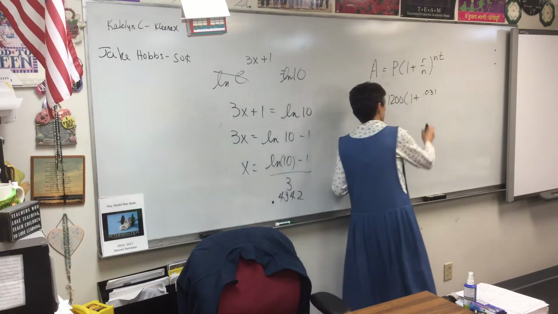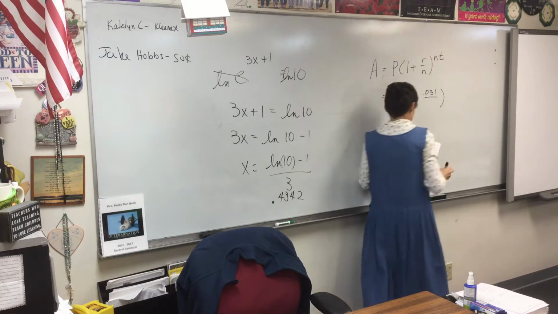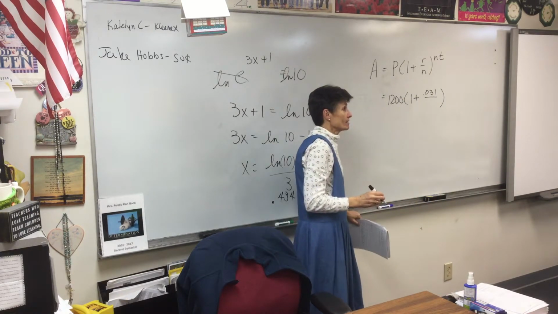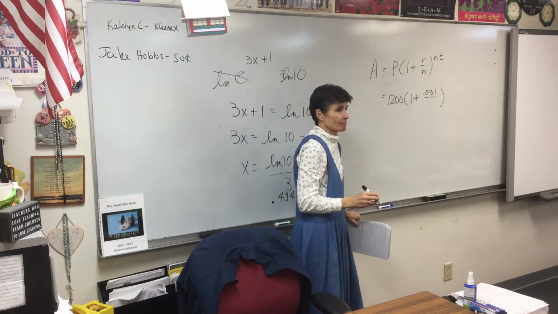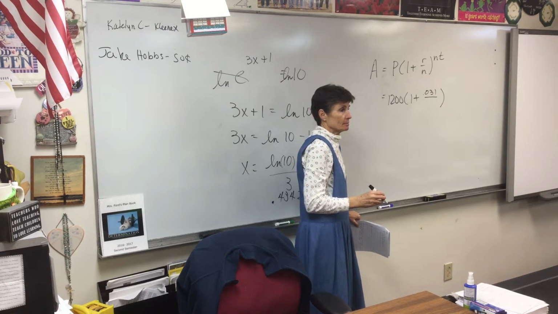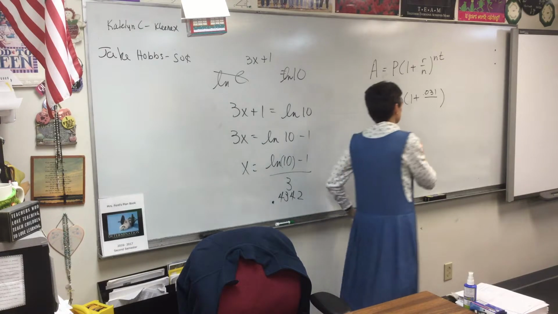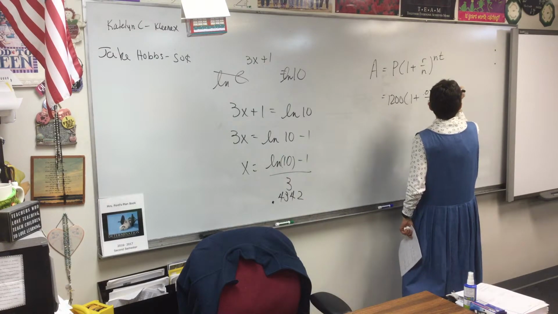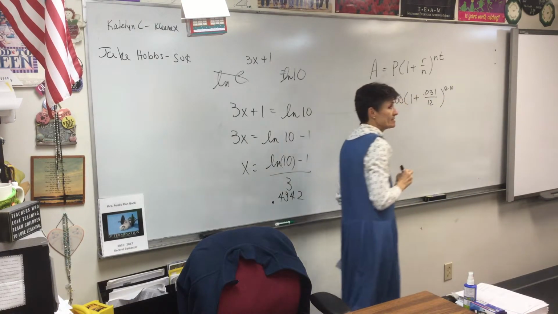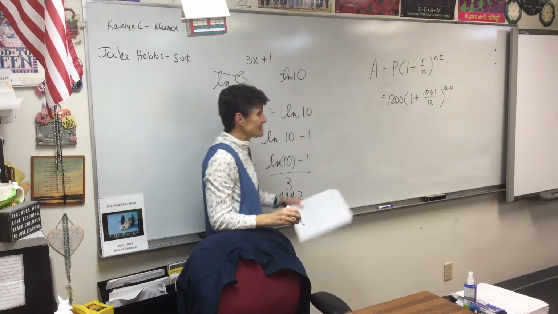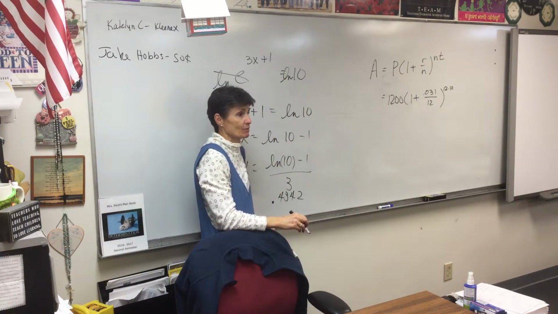What goes in for the n? Compounded monthly, so n is 12. That's exactly right. And t is 10 because t is 10 years.